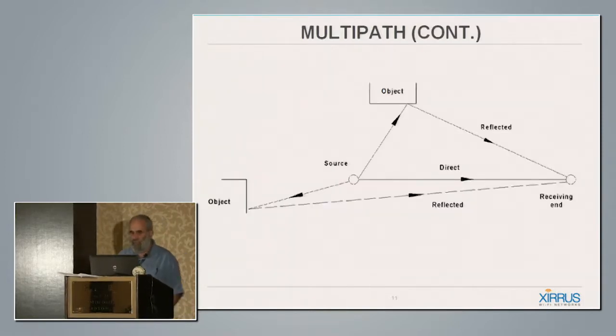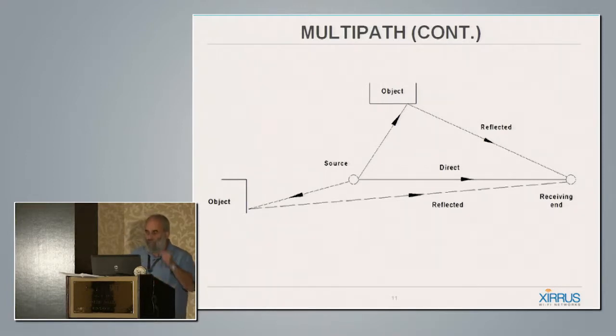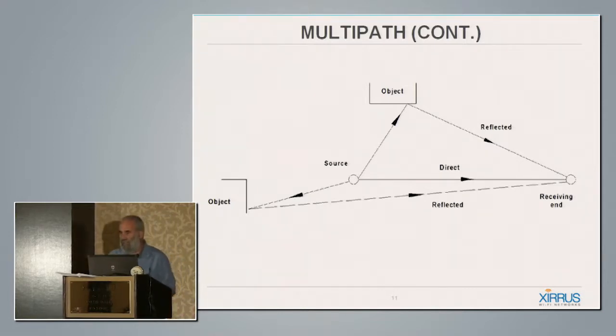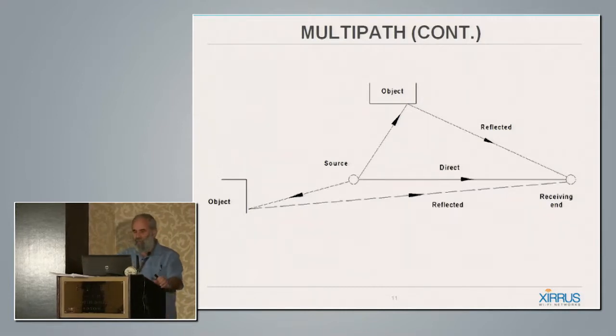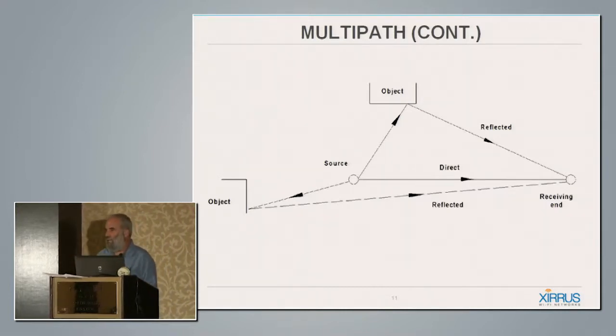So the classic sources for multipath is when you have a source pointed at the receiving end, and let's say it's got a moderate gain. But again, that antenna has got back lobes, it's got side lobes.